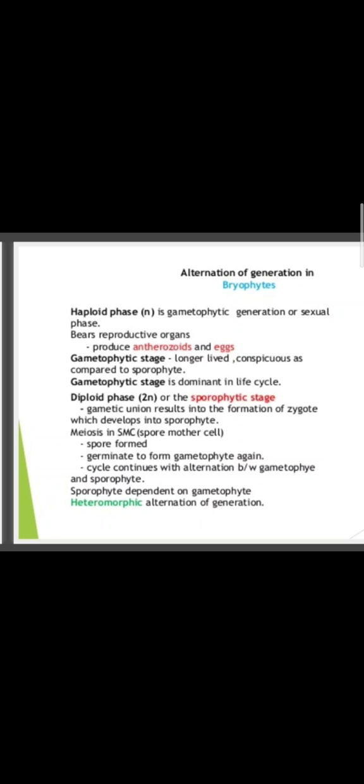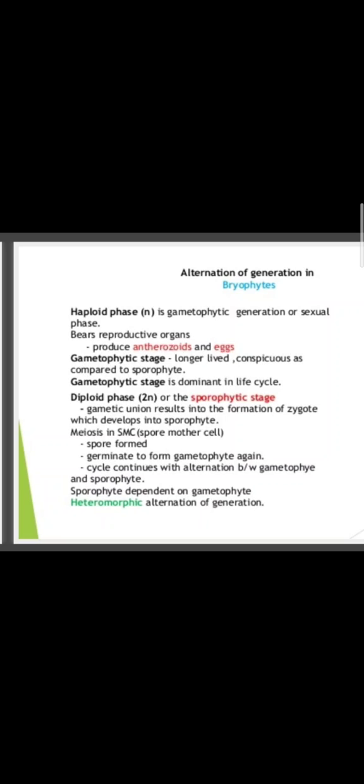The important point is that sporophytes depend on gametophyte because the first plant body formed is gametophyte. So, sporophyte is dependent on gametophyte.